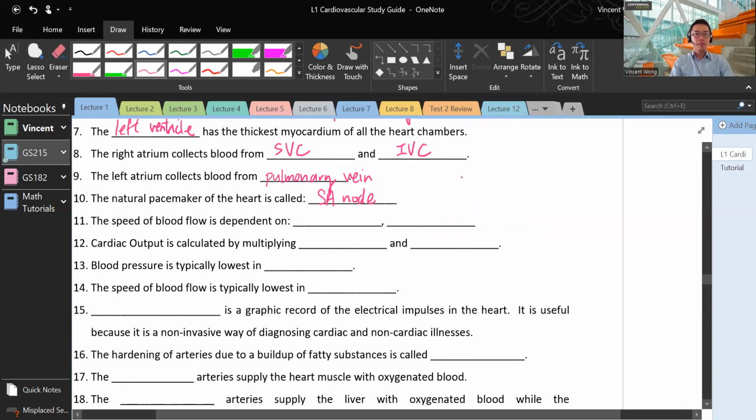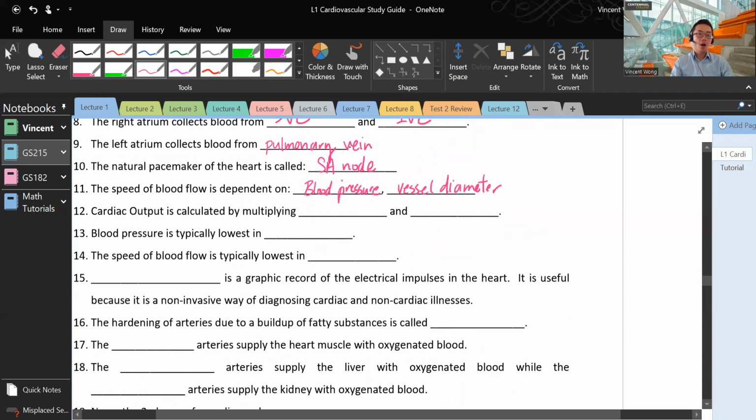The speed of blood flow is dependent on, we talked about this earlier, blood pressure and vessel diameter. Cardiac output is calculated by multiplying stroke volume and heart rate.